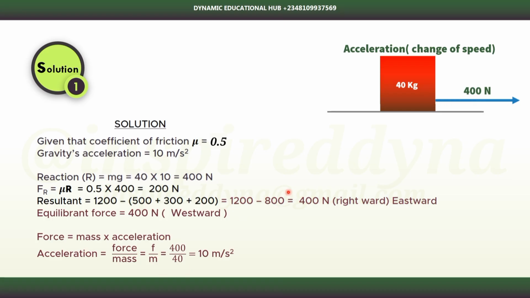So that means this force will be equivalent to this mass multiplied by the acceleration of that mass. So solving it, acceleration is force over mass, 400 over 40, which is 10 meters per second squared. This question is simple. All right, that is how to solve this question. Let's move to the next thing.